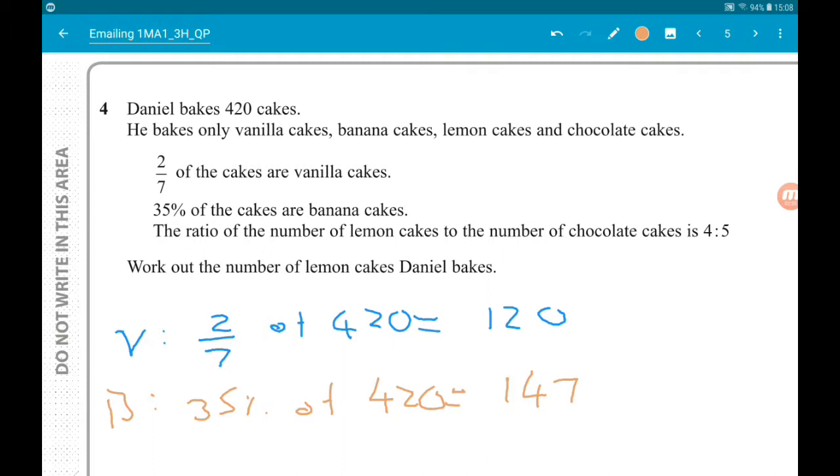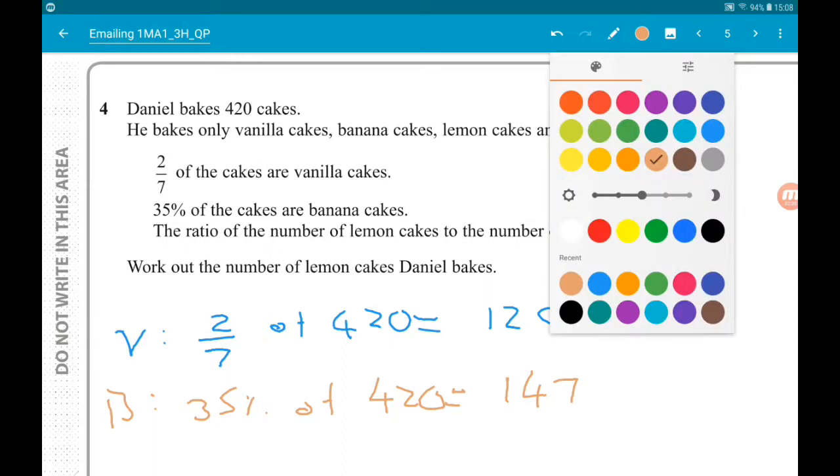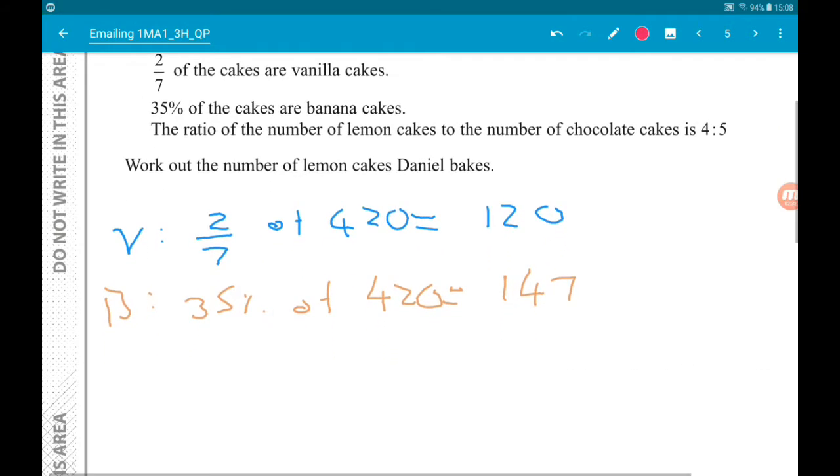Now, if we now add these together, so vanilla and banana is 267.